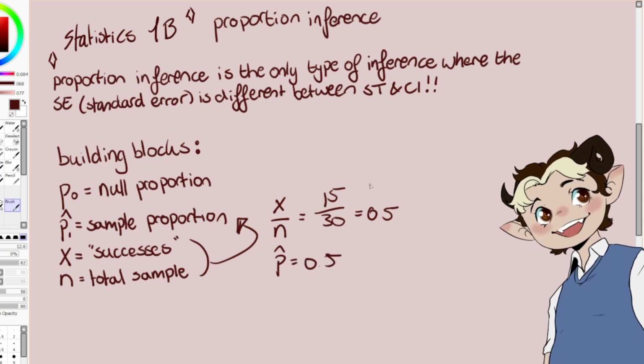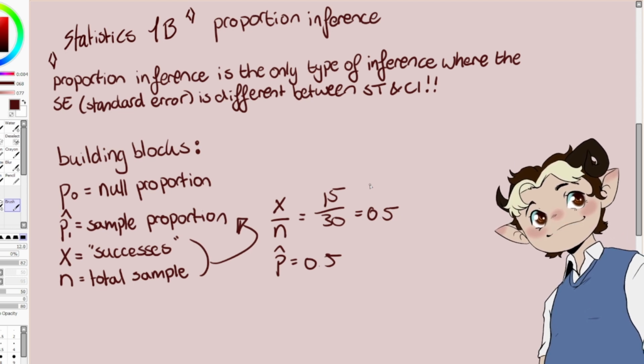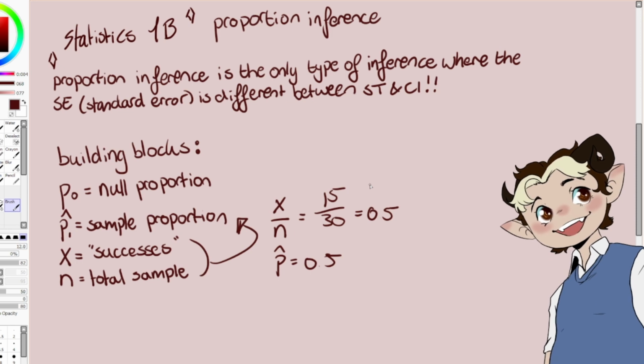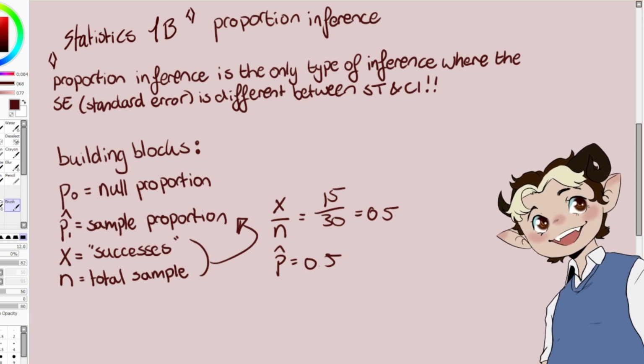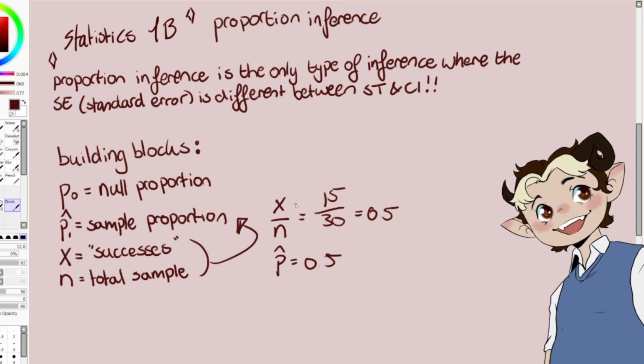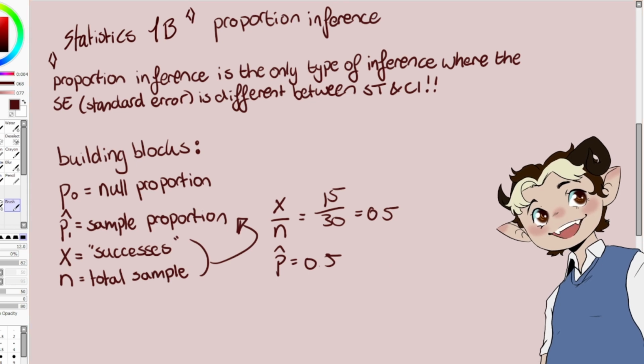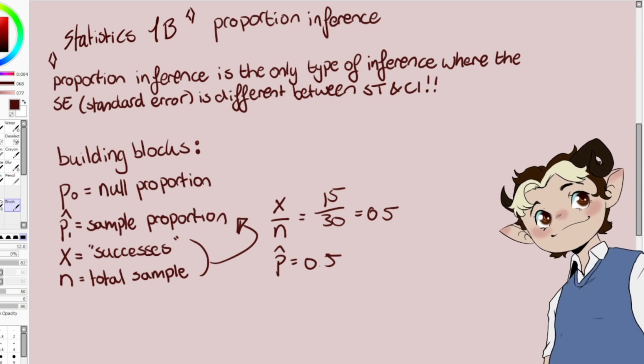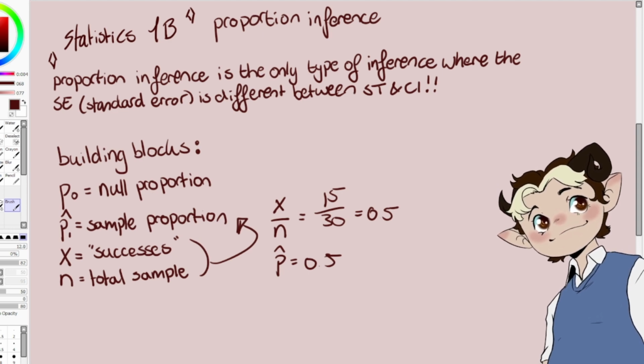With that, you can do everything when it comes to one sample proportion inference. Let's go over the formulas in a second, and I'm going to explain how the significance test and the confidence interval are different.